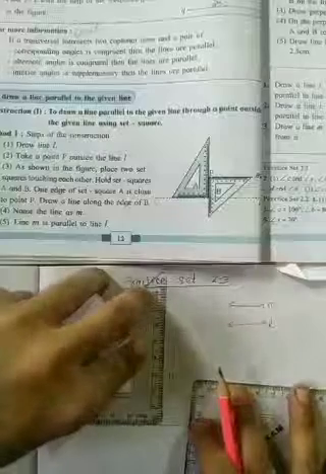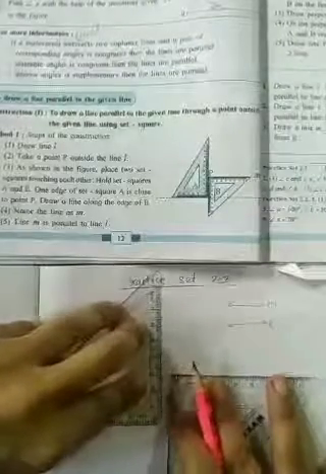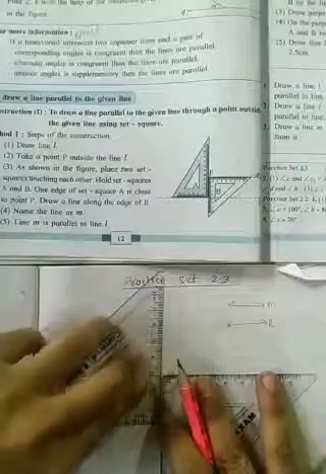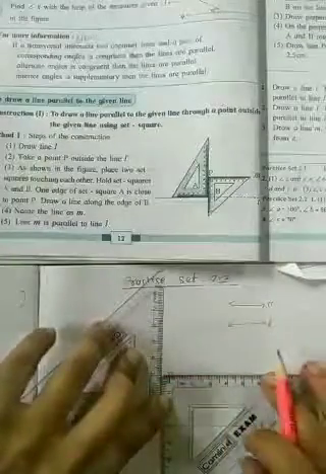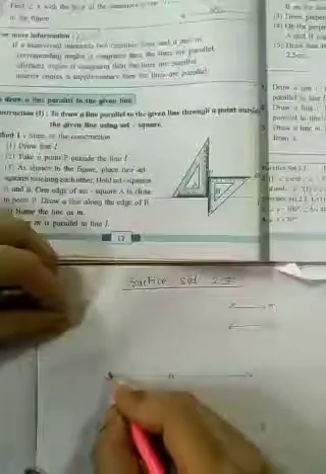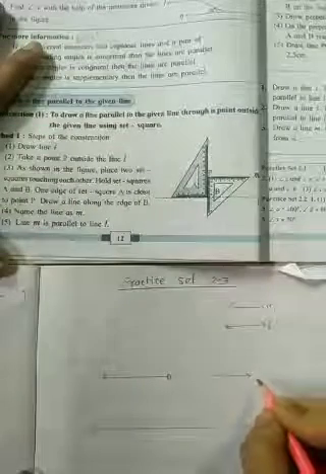Now see, from A you have to draw a parallel line. Now extend this line. Then this is your line parallel to line L, and now if you want, give it the name L.